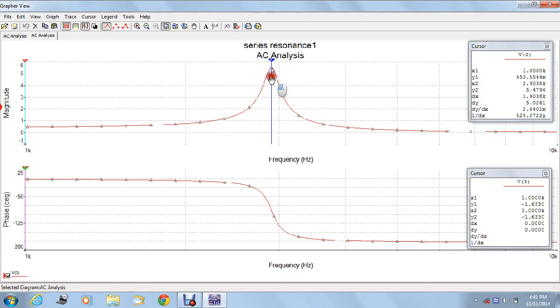2.9. Similarly, here is my resonance frequency 2.9. See, at this point we are having a 0 phase shift.